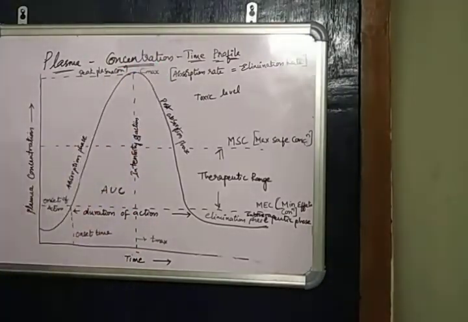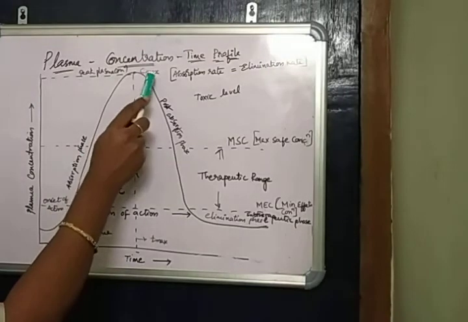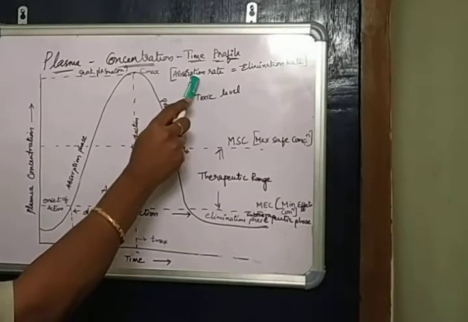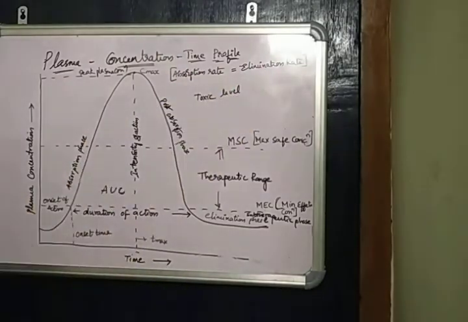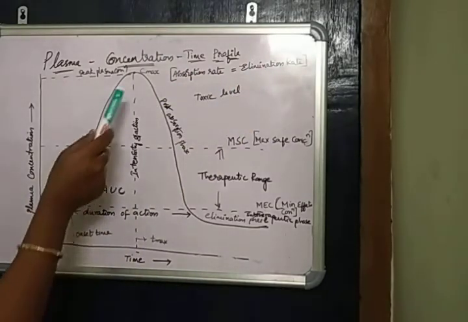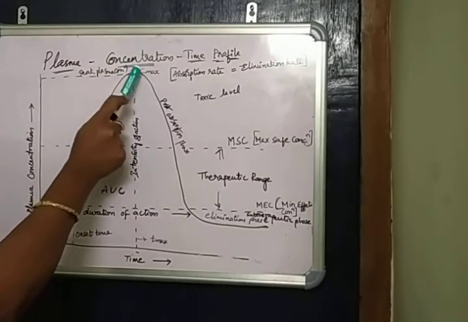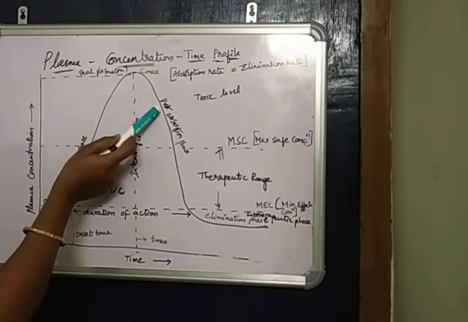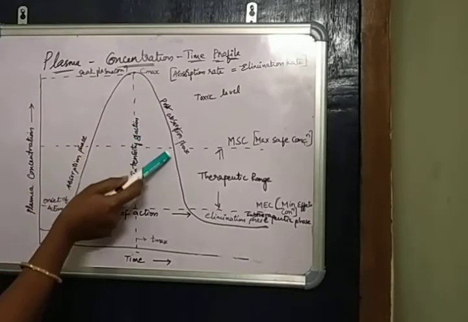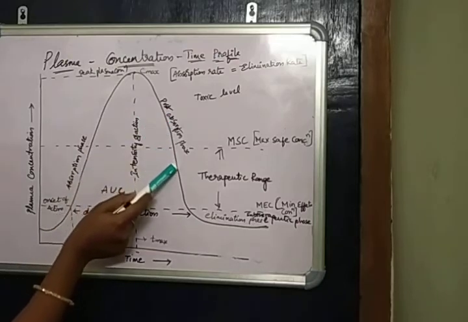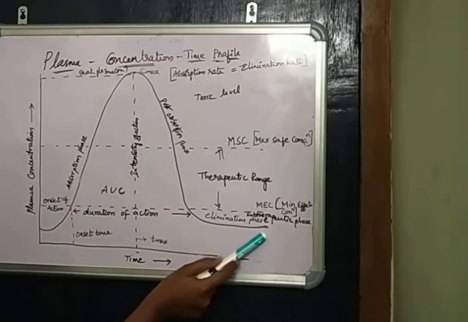Here the concentration is also maximum. At C max, the absorption rate is equal to the elimination rate. Once the absorption phase is done, it reaches the maximum concentration and falls into the post-absorption phase. Okay, this is the post-absorption phase. After completion of the post-absorption phase, finally the drug is eliminated from the body.